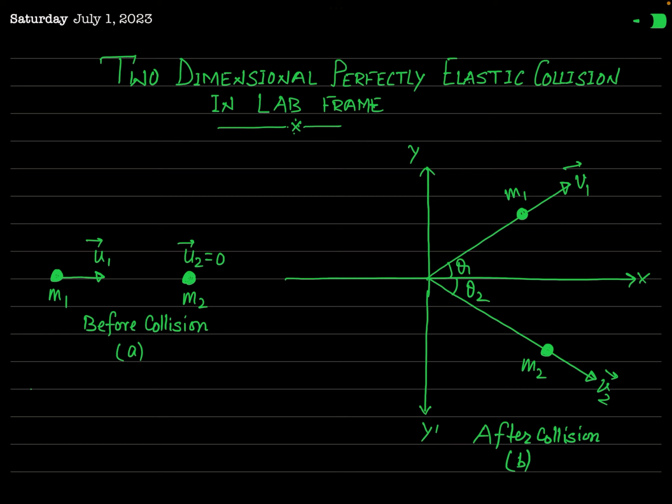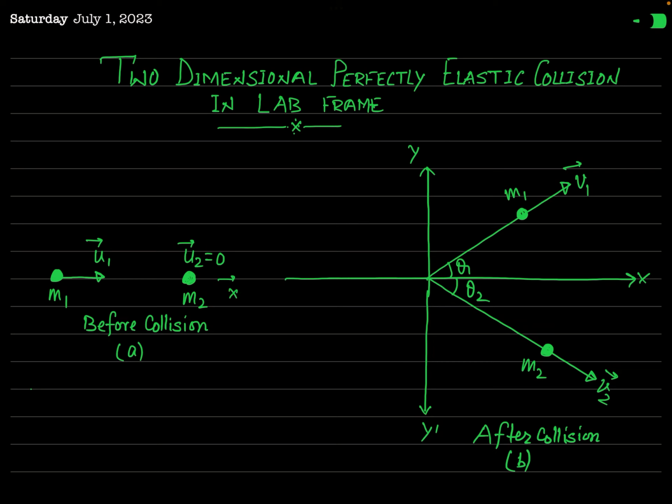Okay, so let us see this figure. Here I have shown the situation before collision, when the two bodies have not collided with each other. I have considered this particle of mass m1 moving with a velocity u1 in the x direction. This direction has been taken as the x direction.